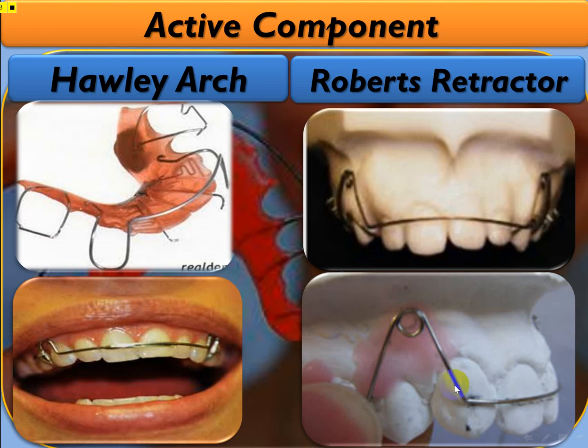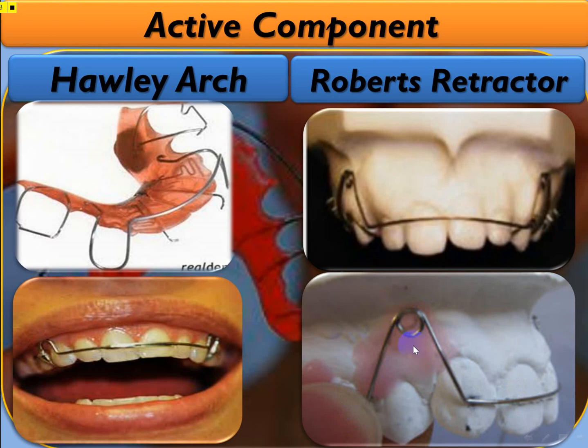It is either made from 0.5 mm hard stainless steel wire, including the labial arch and the mesial arm coil, with the distal arm being sleeve type in order to give vertical and horizontal stability for the Robert retractor. Or generally it is made as a whole from 0.7 mm hard stainless steel wire, including the labial arch, mesial arm, coil, distal arm and the tag.